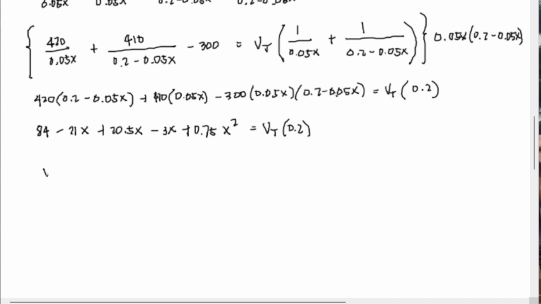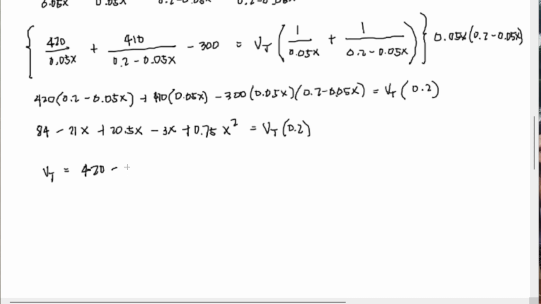So meron na tayong VT. VT is equal to 84 divided by 0.2 is 420. Tapos dito yung negative 21 plus 20.5 minus 3 divided by 0.2 equals negative 17.5.